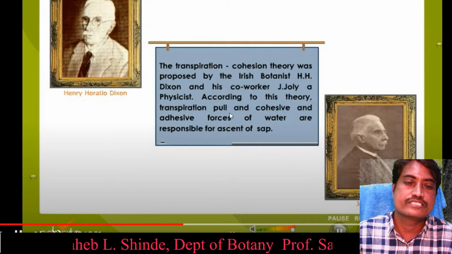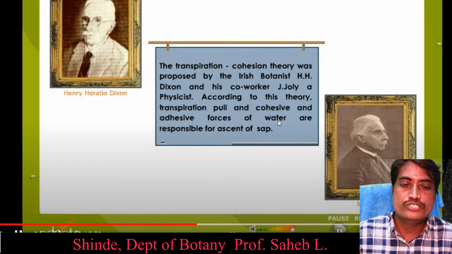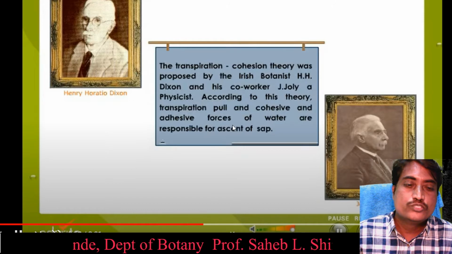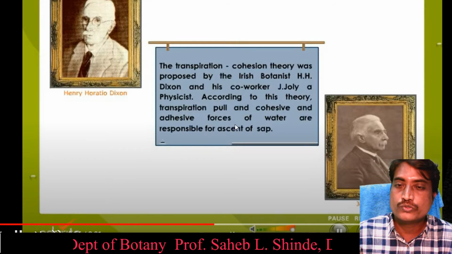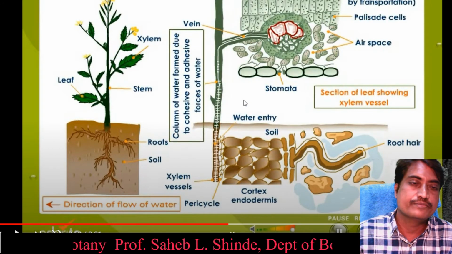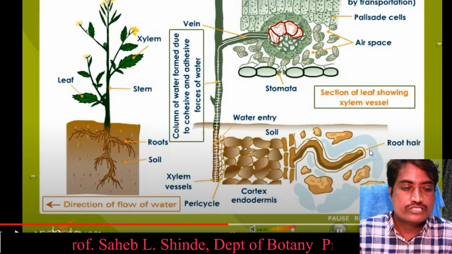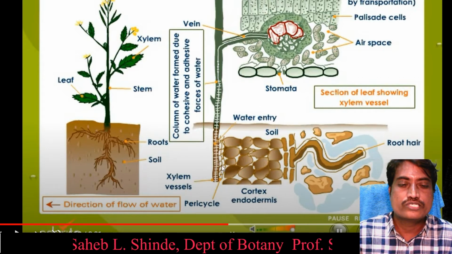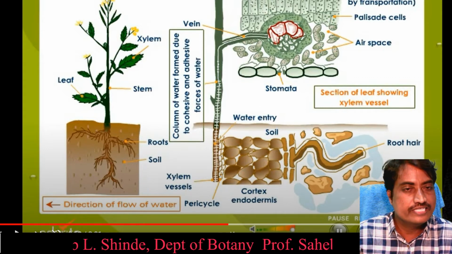Transpiration and the role of cohesive and adhesive forces of water are also important in this theory. Now this is diagrammatically represented here, showing how water is transported from the lower side to the upper side. Firstly, see that diagram.